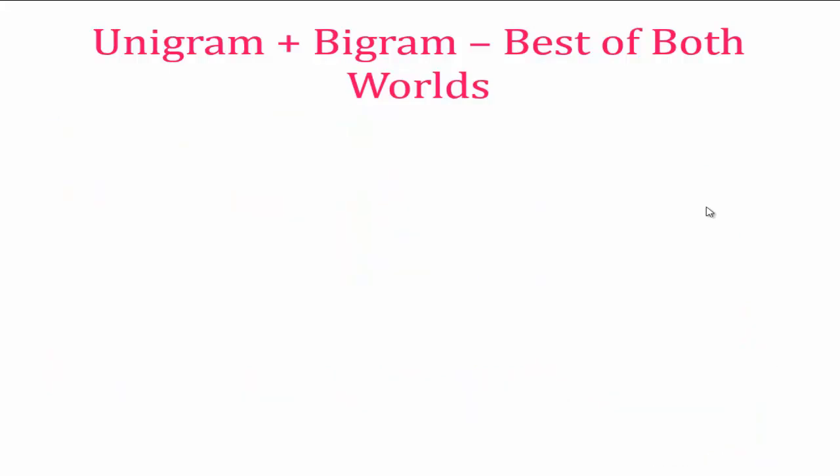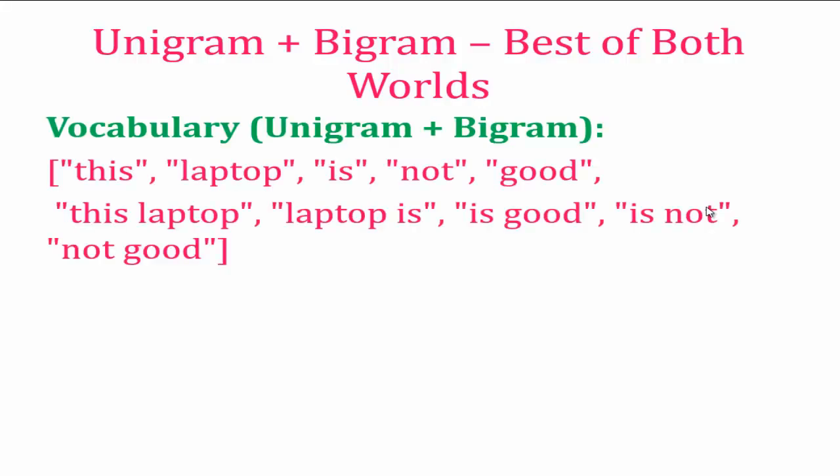Now, as usual, from the sentences we collect all unique unigrams and bigrams to form our vocabulary, which means the features generated by this combination, Unigram plus Bigram, that you can see here. Now, let's form the bag of words matrix. Bag of Unigram plus Bigram means bag of 1-gram plus 2-gram. This means we go sentence by sentence and count how many times each Unigram plus Bigram appears.